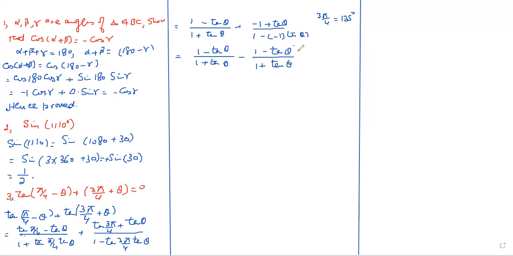You know these two are the same terms. When we subtract these, we'll get 0, which is the right hand side. And this is the left hand side, which equals the right hand side, 0.